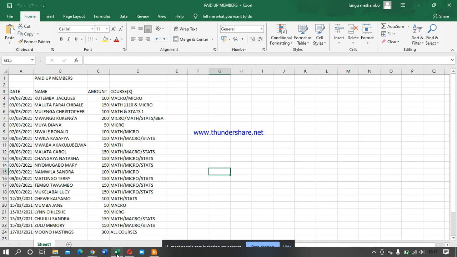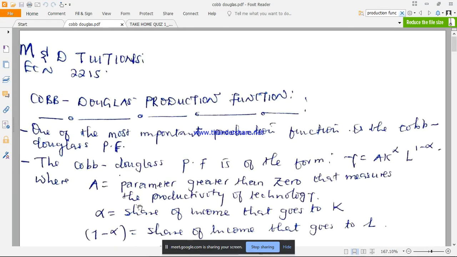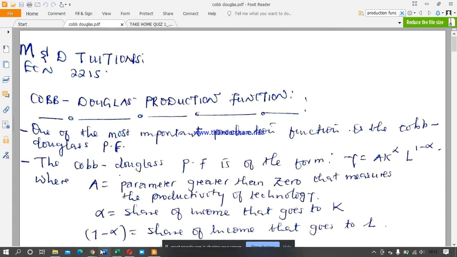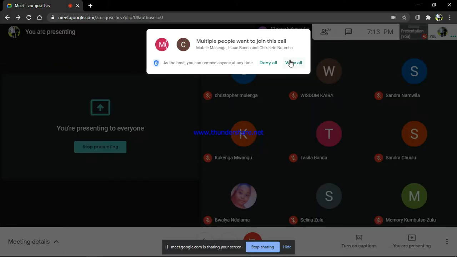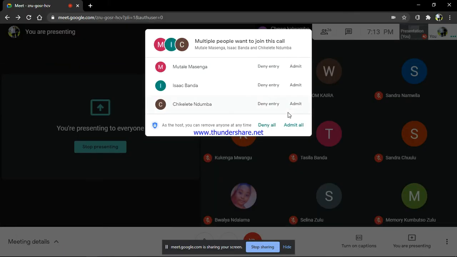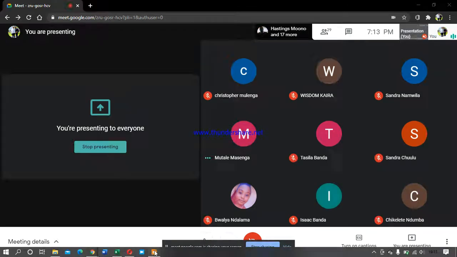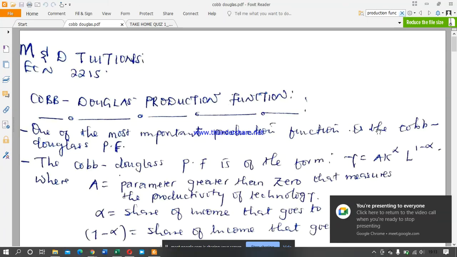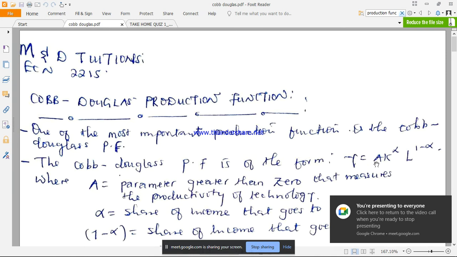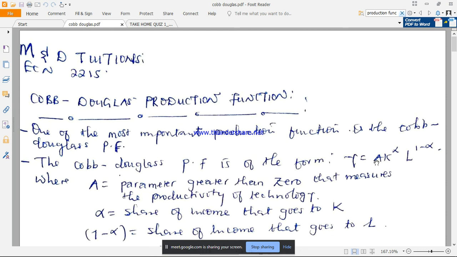So that is the interpretation of the Cobb-Douglas production function. A is the level of technology, or technological advancement.